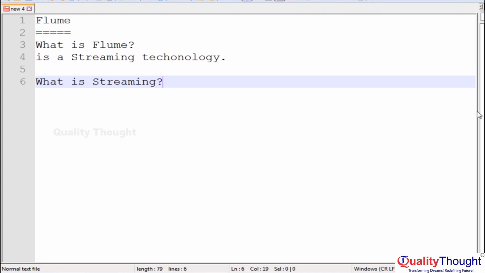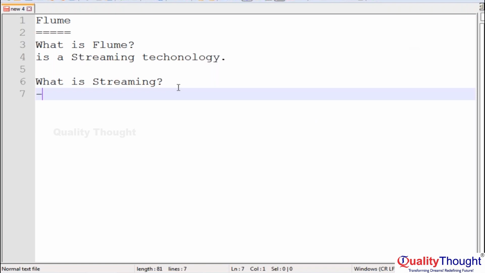Any idea about what is streaming? So continuous flow of data. Stream means continuous flow of data is called streaming.